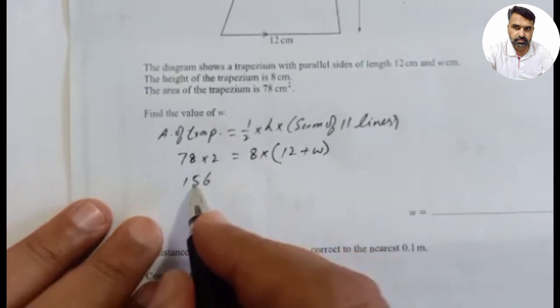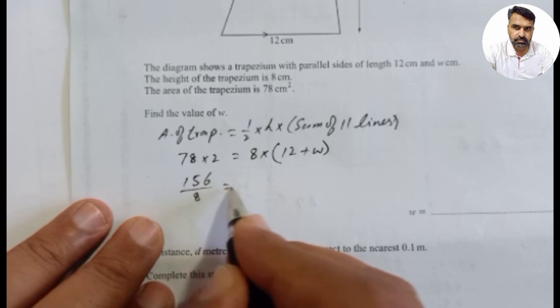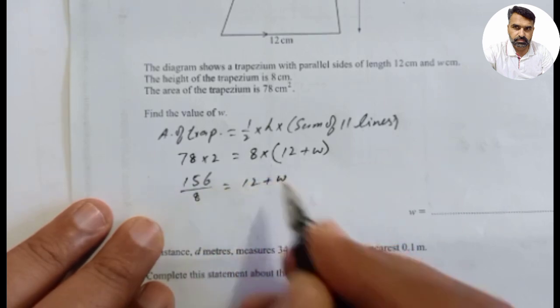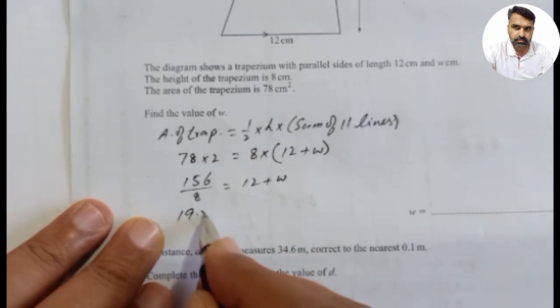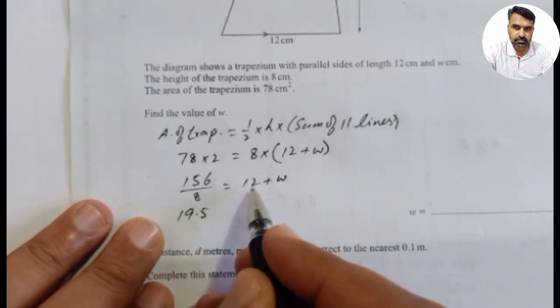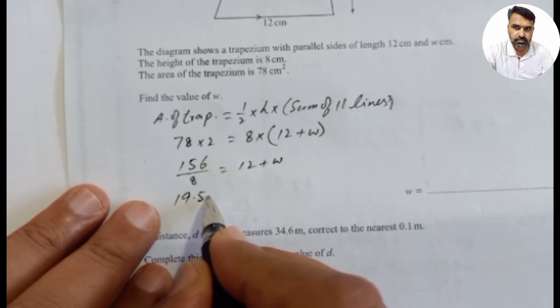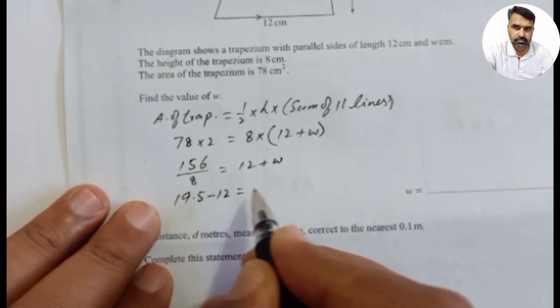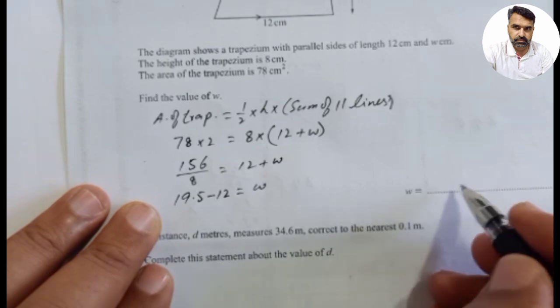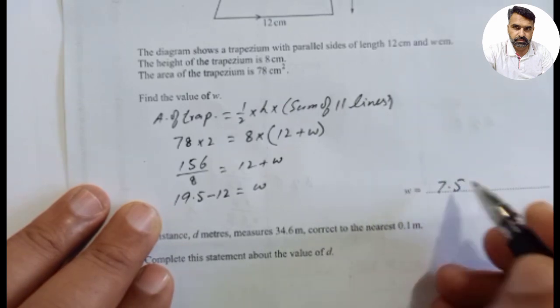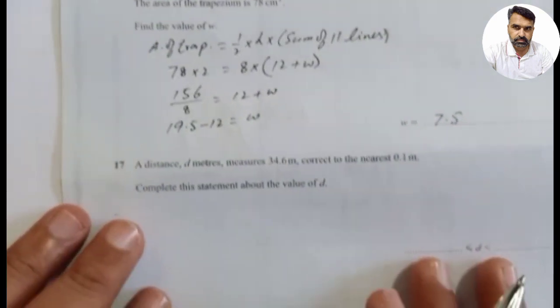When we transfer it to the other side, it will divide, is equal to 12 plus w. 156 divided by 8 means students 19.5. And 12 is adding on the right side. When we transfer it to the other side, it will be subtract. So 19.5 minus 12 means 7.5. So the value of w is 7.5.